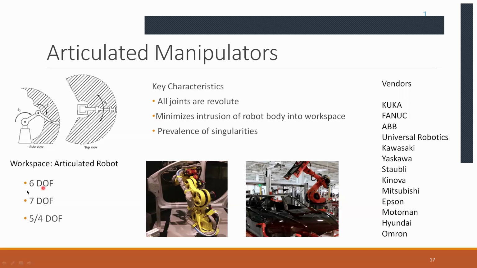That's why 6 degree of freedom robot arms are quite more ubiquitous than any of these other types of arms.